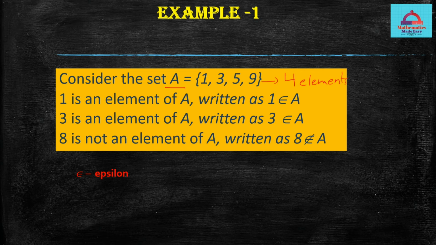If I take element 1, then we can say it is an element of this set because it belongs to, and we could write 1 belongs to the set A. Similarly, for element 3, it is there in the set and we can write 3 belongs to A. But if I take a different number which is not in this set, for example 8, then I could say that 8 is not an element of A, and that's why we write it in this manner. 8 does not belong to A, or you write an epsilon and you strike it off.